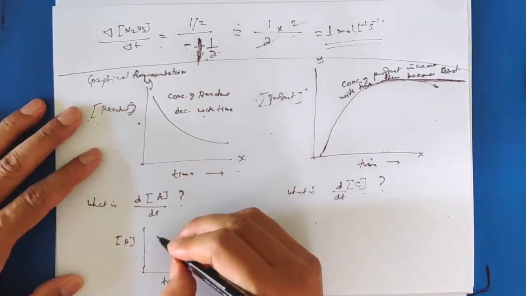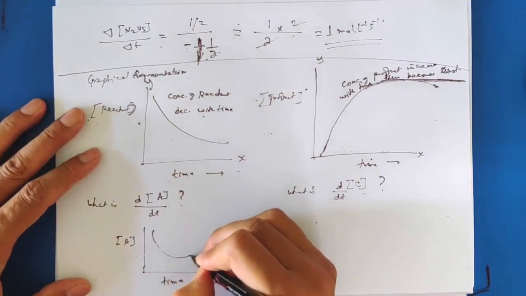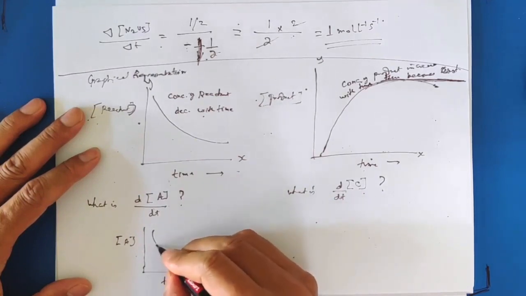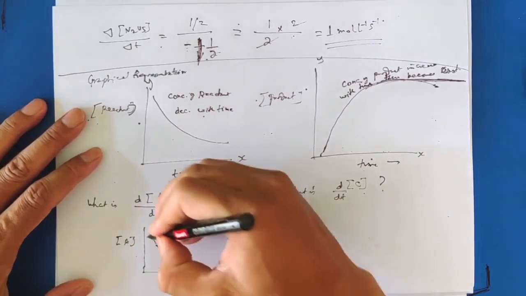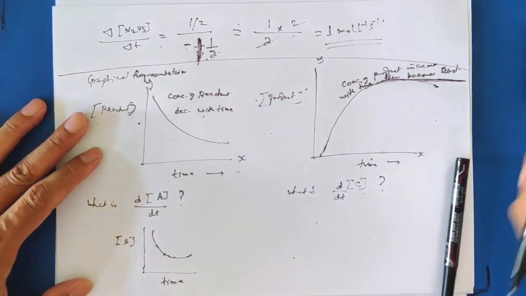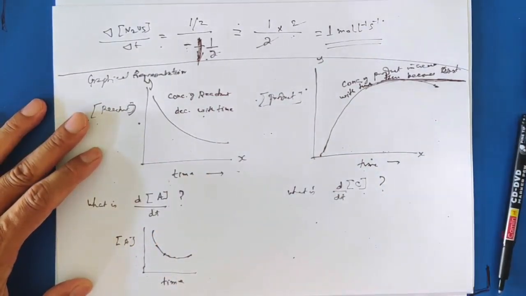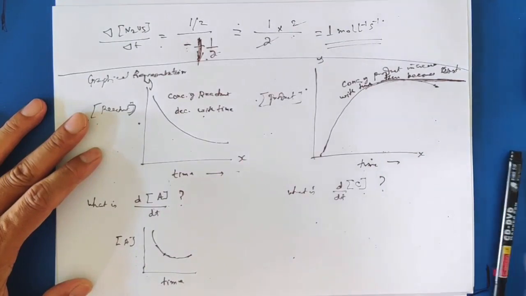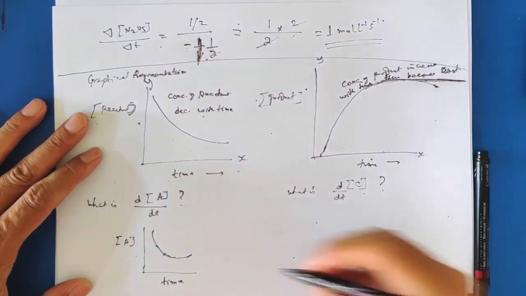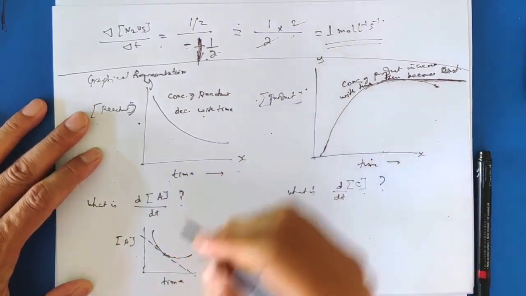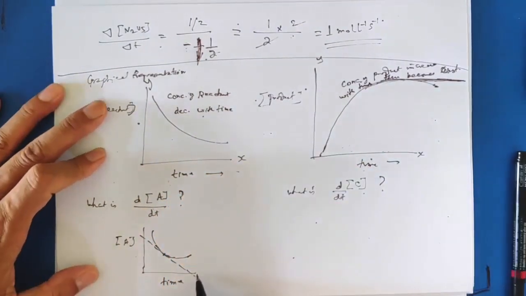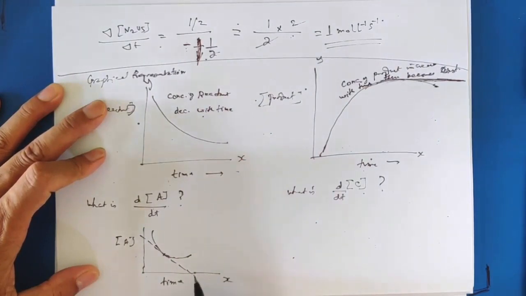Suppose the graph is like this. At this point, what is dA by dt? Take a tangent, which is a straight line. The tangent makes angle theta with the positive x-axis.